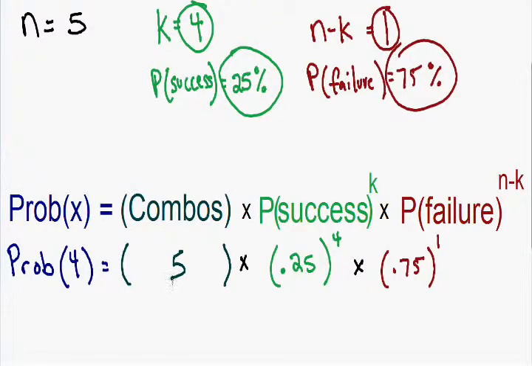And for the more difficult problems, it's much easier to find the total number of combinations using the formula n factorial, all divided by the number of successes, k factorial, multiplied by the number of failures, n minus k factorial.